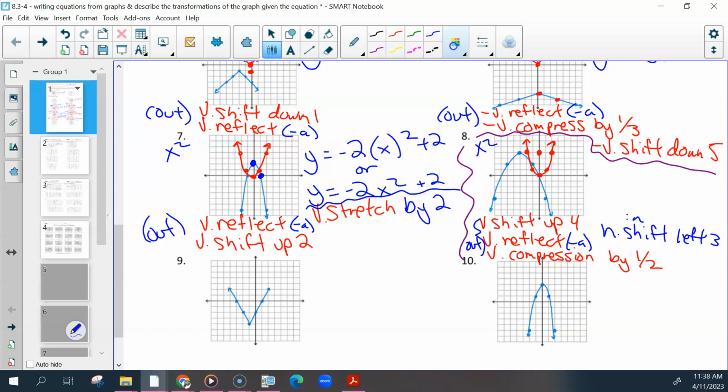So then how would we write this equation? Y equals what? Start with any reflections or changes in A values. We are going to use the 1/2, and it was a reflection, so -1/2. Then parentheses, because it's x squared. How do we write that inside piece?